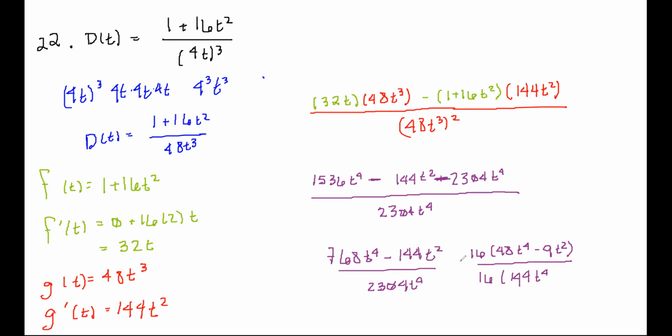Aha, you're right. This should be negative, and this should be to the 5. So did I do that right? Yeah. So this should be to the 5, but that is 2,304.